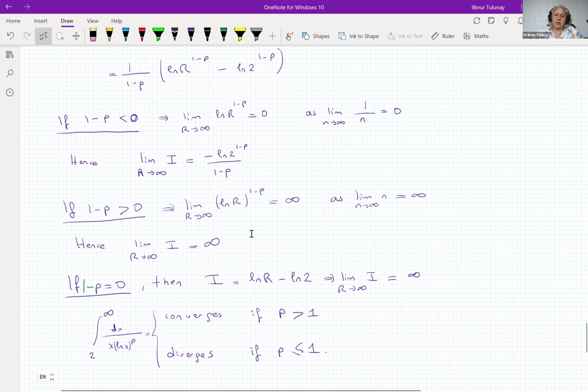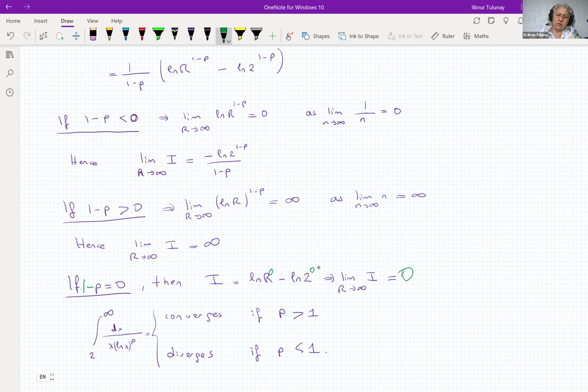When p is equal to 1, 1 minus p is equal to 0. Sorry. So this is 0 and this is 0. I think I need to change this the other way around. So this is 0 and this is 0. This is always 0.